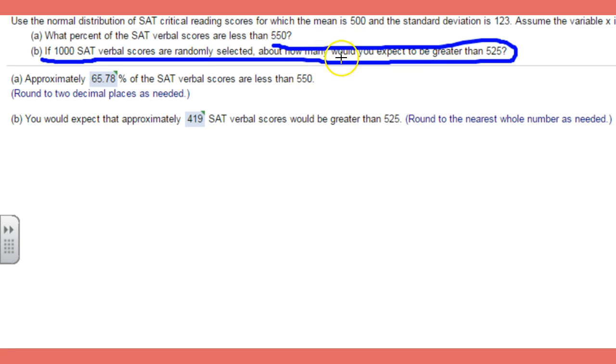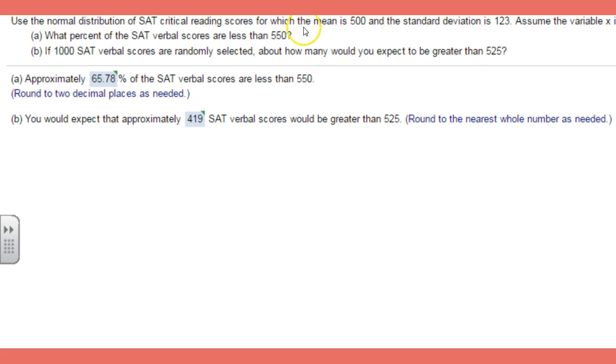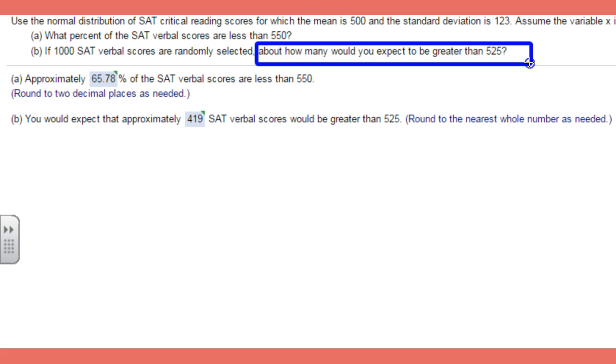They did not ask you the percentage. They're asking you for how many of them you would expect to be greater than 525. So they want you to give them a number. So the first step is to find what percent of 1000 will be getting greater than 525.